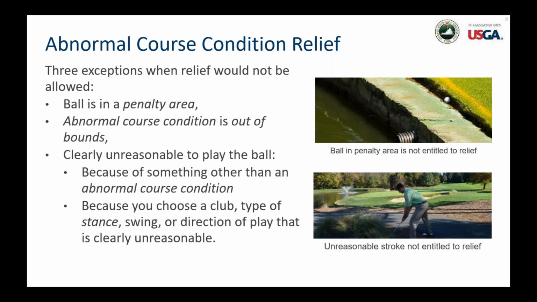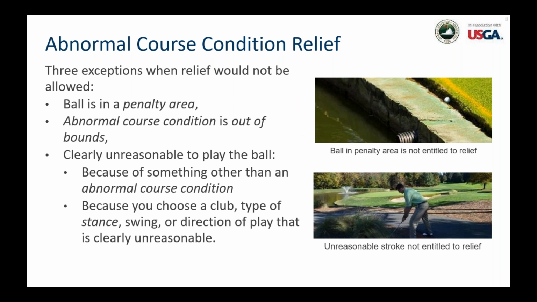There are three exceptions when relief would not be allowed. And correlating to the pictures, the ball is in a penalty area. So in the top right picture, you can see that the ball is within the yellow line there. The abnormal course condition is out of bounds, or it's clearly unreasonable to play the ball because of something other than the abnormal course condition, because you choose a club, a type of swing, stance, or direction of play that's clearly unreasonable.